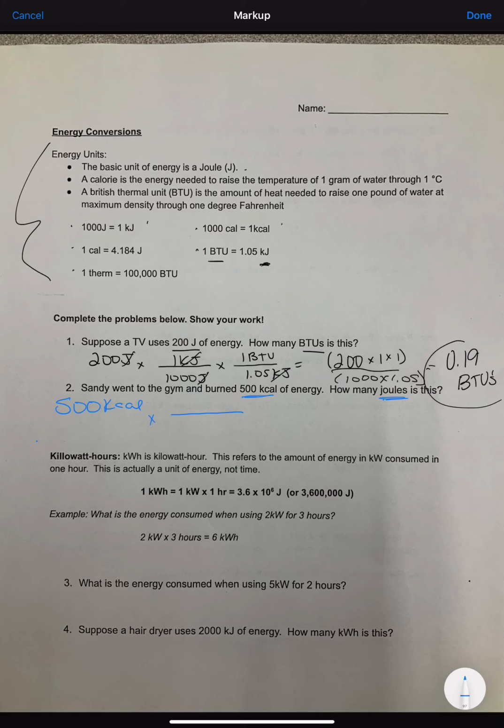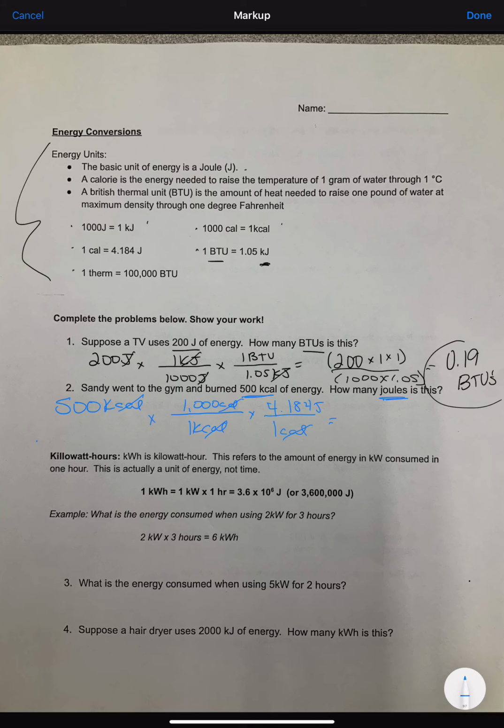So 1 kilocalorie is going to be 1,000 regular calories. And then 1 calorie is going to equal 4.184 joules.